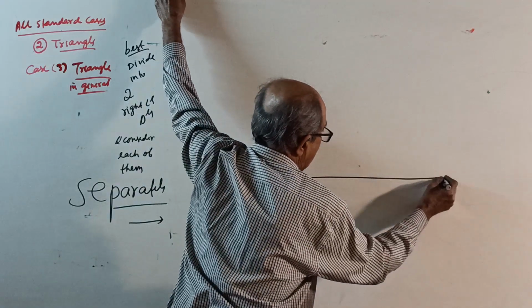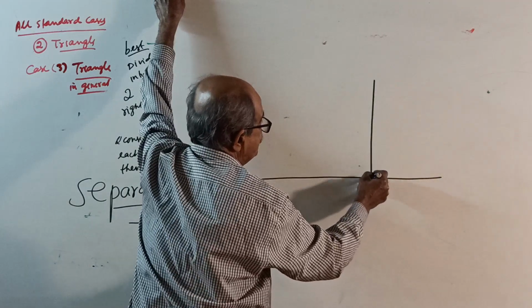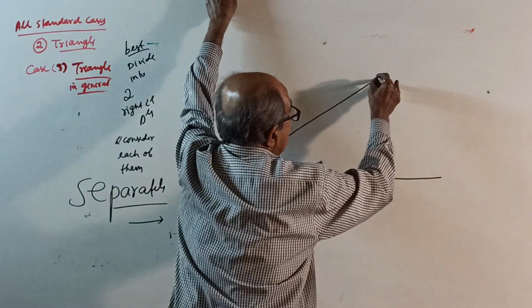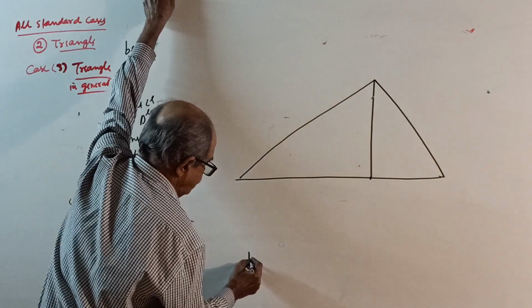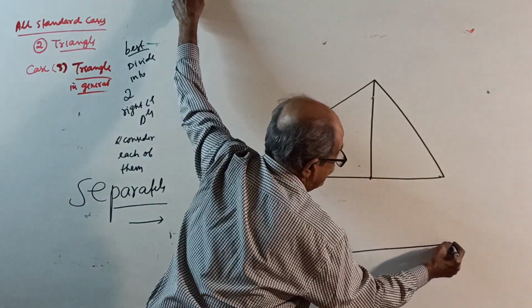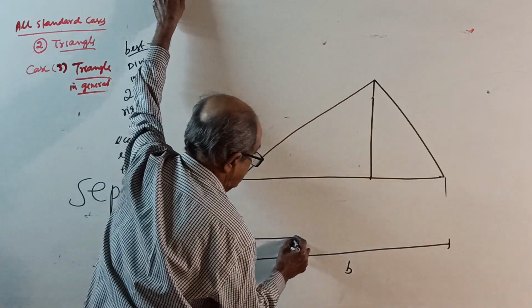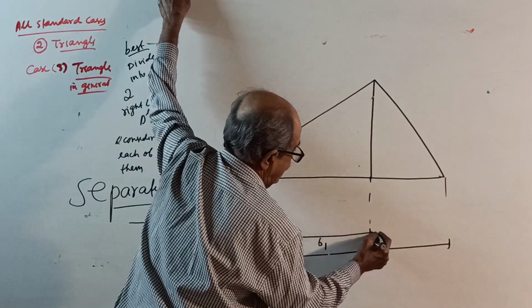This is the triangle. Somewhere here B1. Divide like this, this way and this way. Now this full is base B. This is B1. Mark separately B1 and B2.